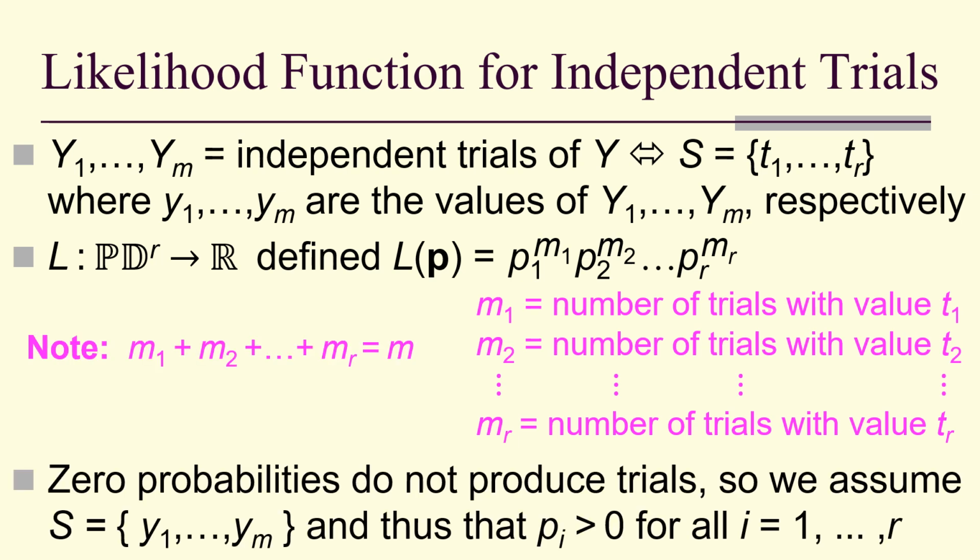Zero probabilities do not produce trials, so we assume that S is just the set of all outcomes in the trials, and that would mean that none of these probabilities can be zero.